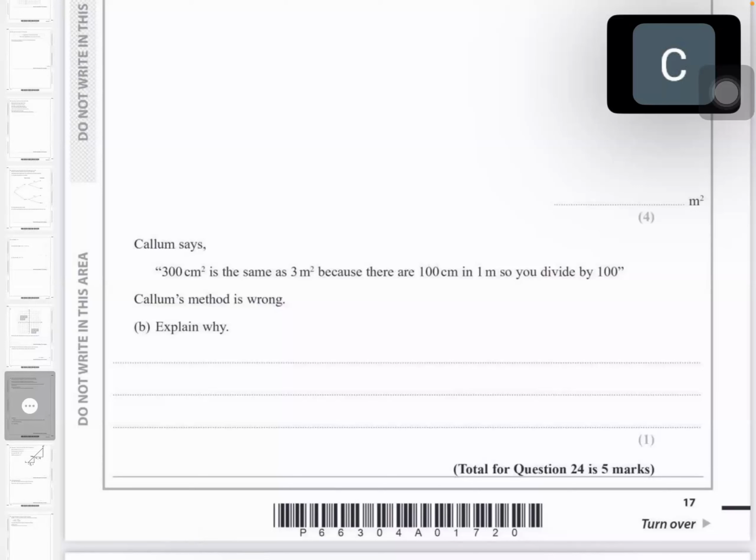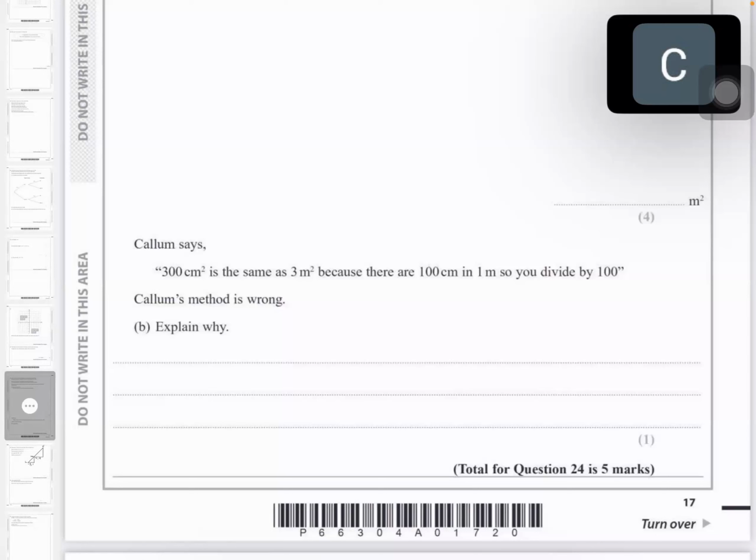Okay. So let me see if I can just explain it. Now, under your units, you have the 100 centimeters is equivalent to 1 meter. That's correct, isn't it? Yes. Good. Now, when you want to find the area measure, imagine area measure is in squares, isn't it? So imagine that in each 1 meter, you have 100 centimeters.